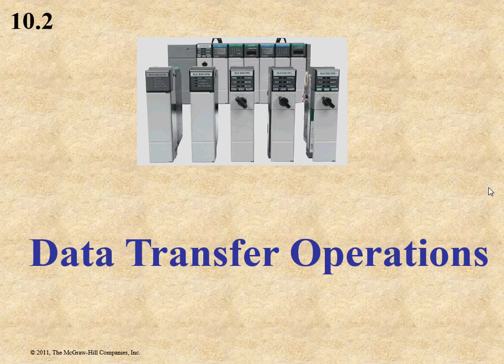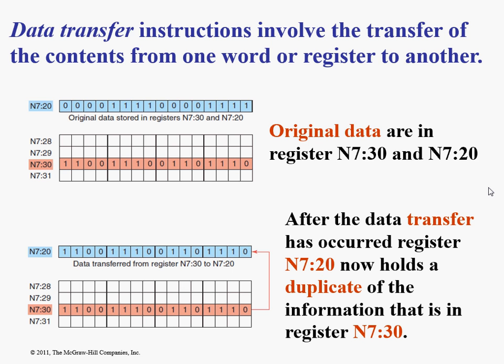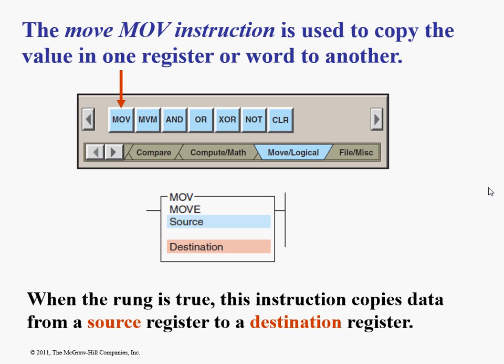All right? So, the easiest thing to do is a move statement. We're going to transfer data from one place to the other. All right? We use the move statement. Let's show you how that works.